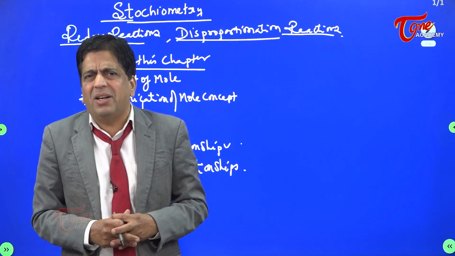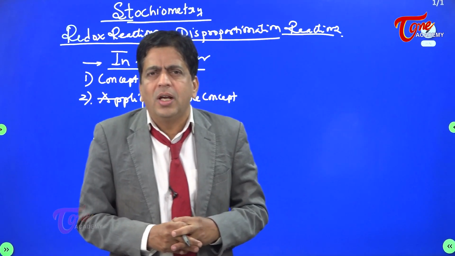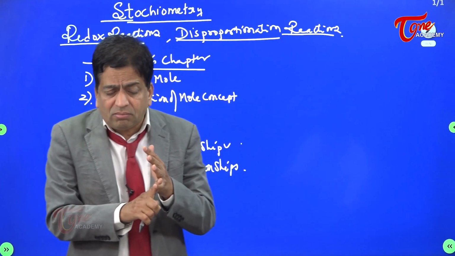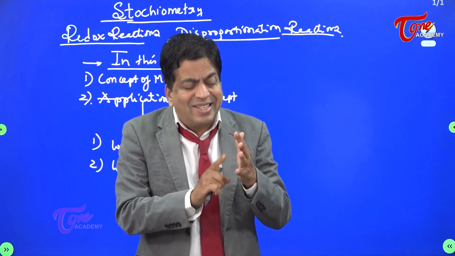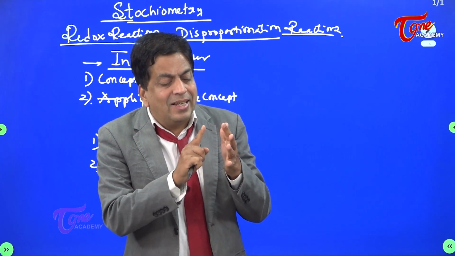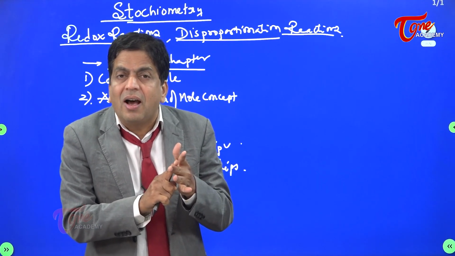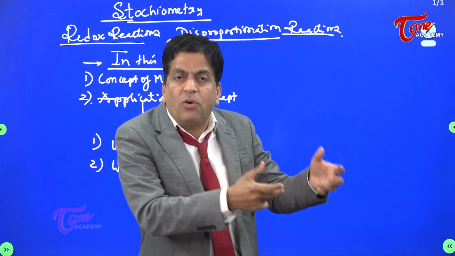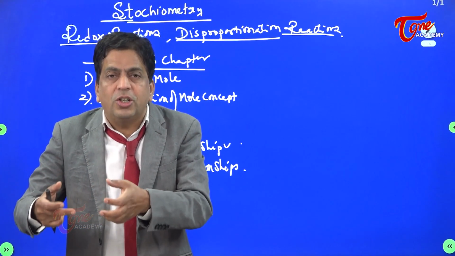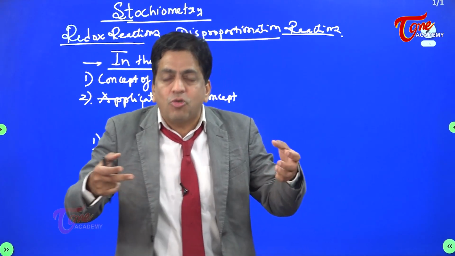Now, what's a good stoichiometric equation? Sometimes people call it a very good stoichiometric equation. A very good stoichiometric equation must be balanced. Second, it should show the states in which the reactants and products are there, during the formation and during the initial states.